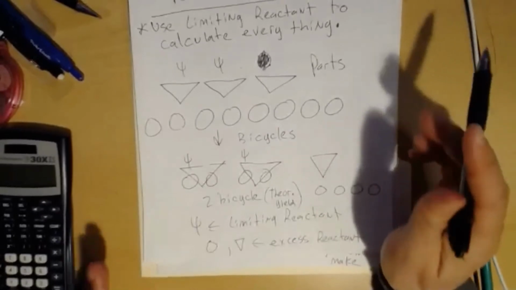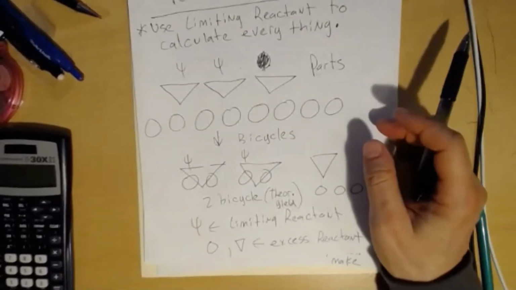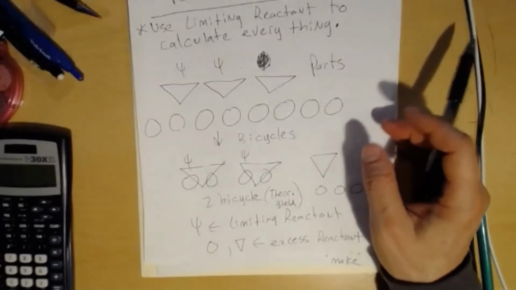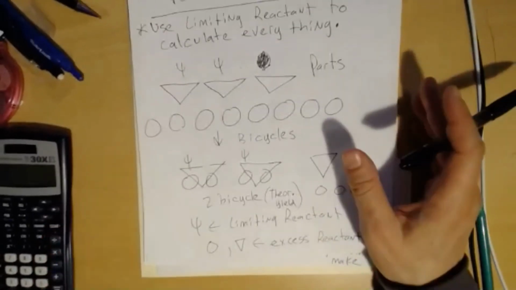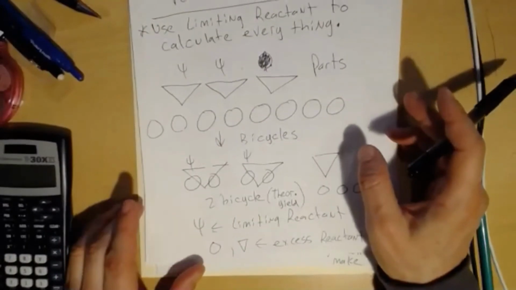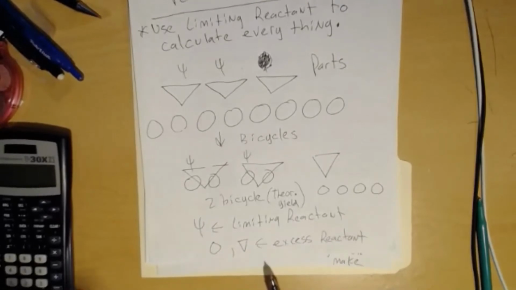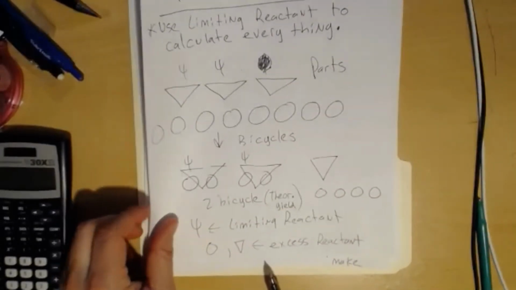I only get to make 2 if I'm successful in putting them together. Does that make sense? But at best, I could make 2. I can't make 3. I ran out of handlebars. My limiting reactant is gone. I can't make any more than 2.